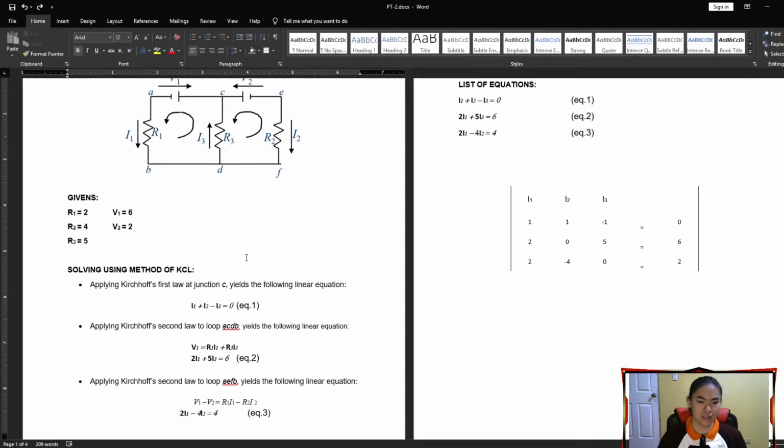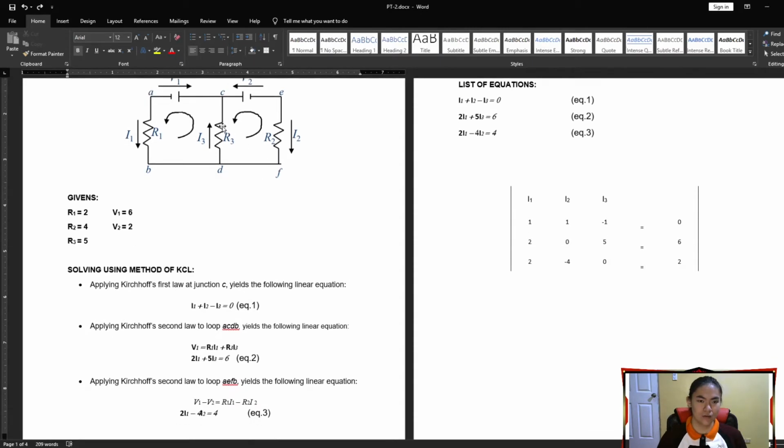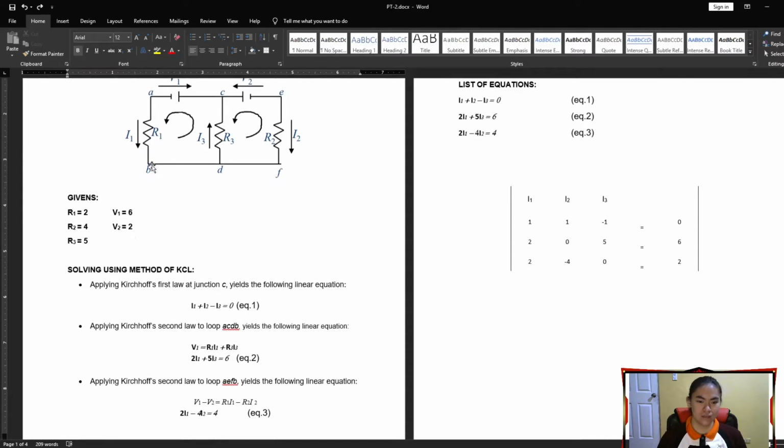Next naman is sa kabilang side, kasi pwede dalawang way ng pagkuha ng ating equation for I2. So, pwedeng C, E, F, D and pwede ring A, E, F, and B. So, pwede rin yan.